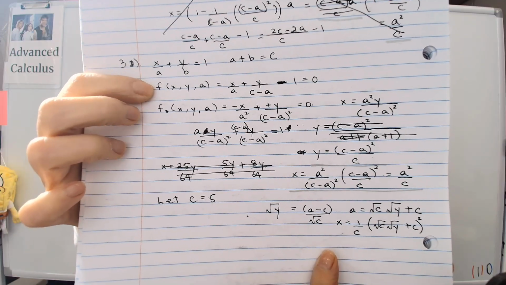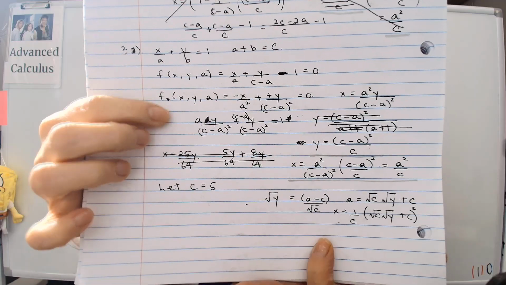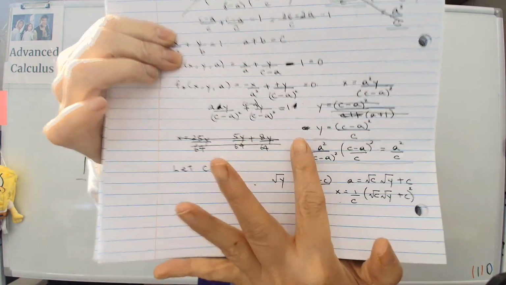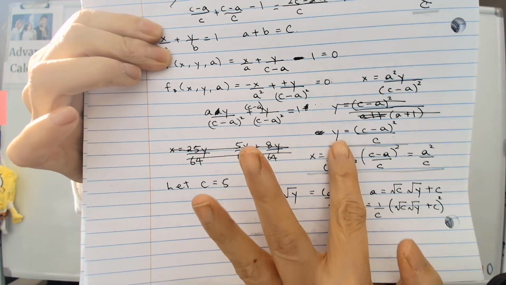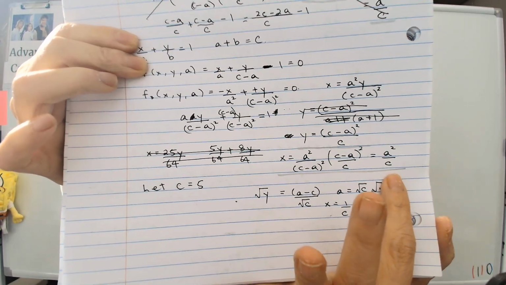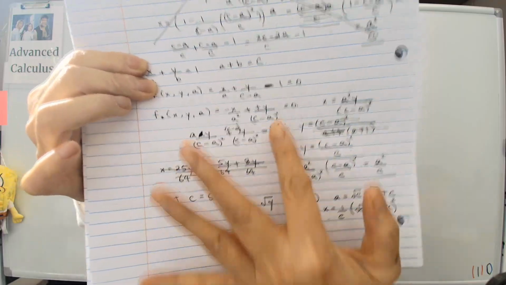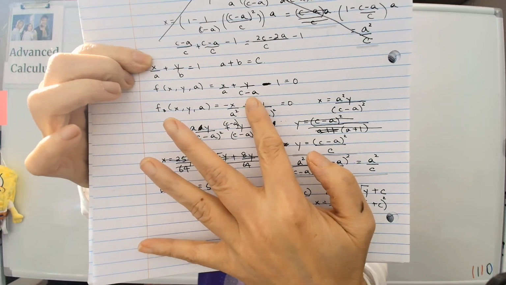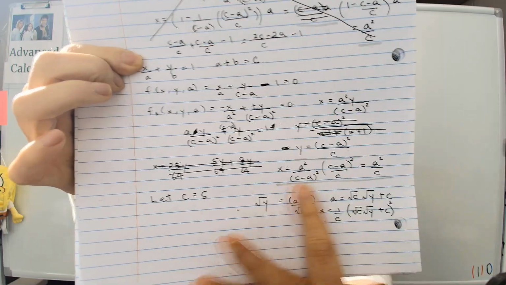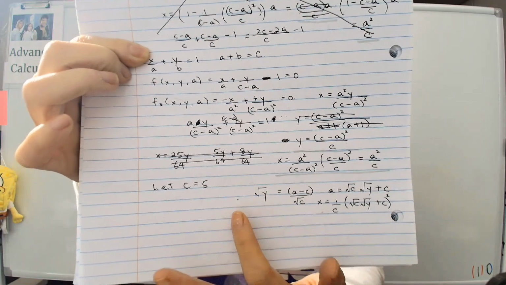Once we get that, we solve these two equations together. After some work, I eventually got y equal to that, and x equal to that. And that makes sense. It's symmetrical. As you notice, c minus a is just b, so y is b squared over c, and x is a squared over c. So the answer is symmetrical.